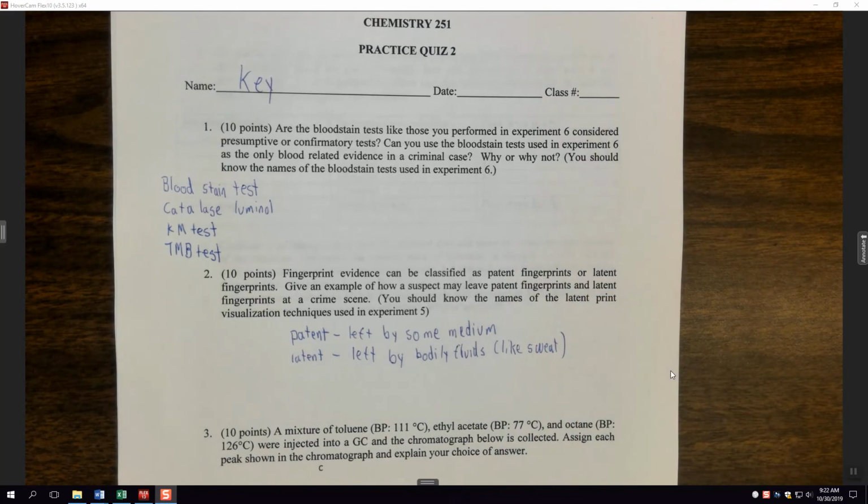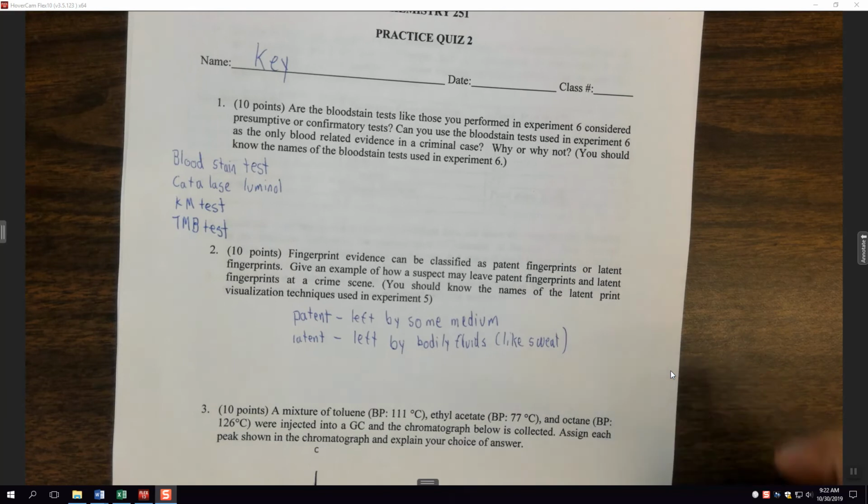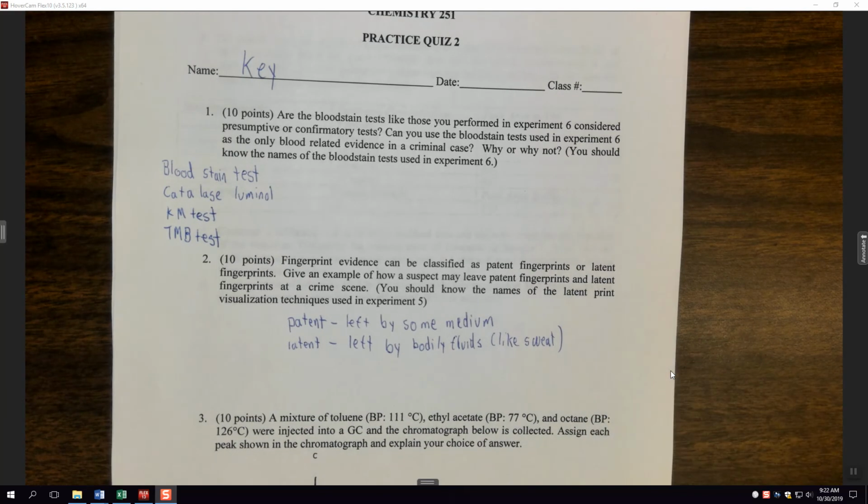So when I touch this, I've left a fingerprint, right? But you can't see it. If my hand had blood or ink on it, you'd be able to see it, and that medium would appear there. But if it's from just the fluids on my fingers, then basically that's a latent print. So I hope that's clear, even though I'm probably not using the exact correct terminology here.